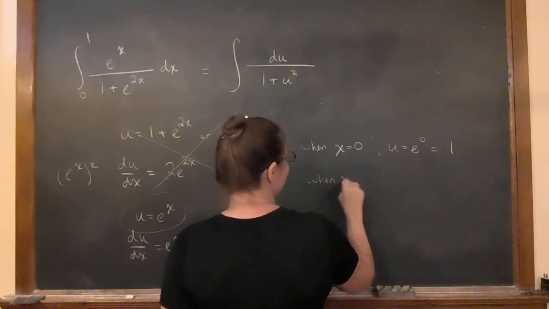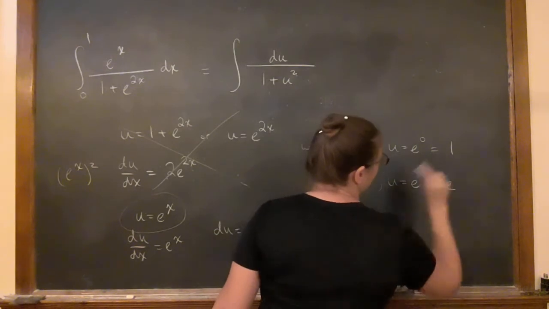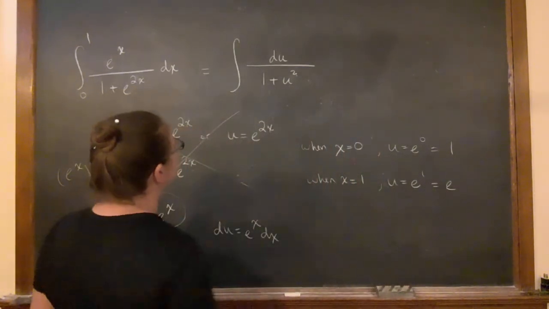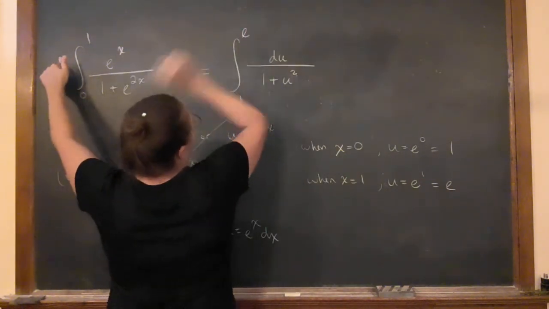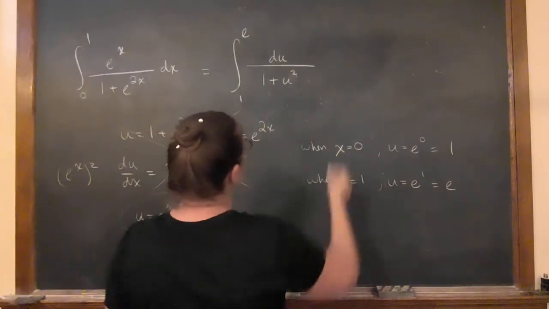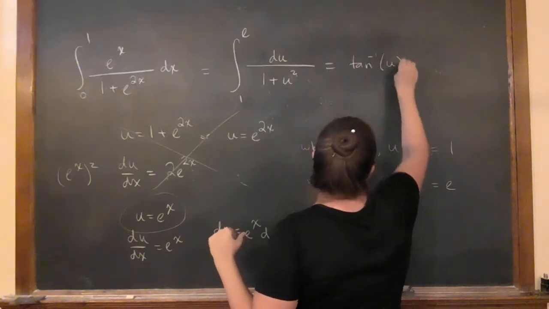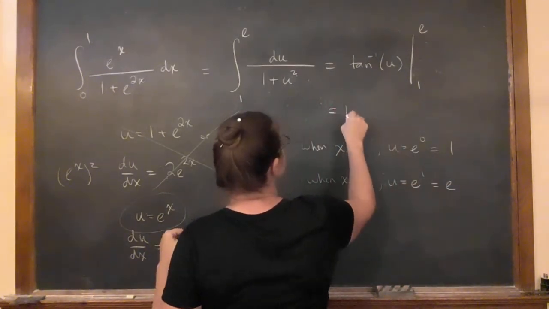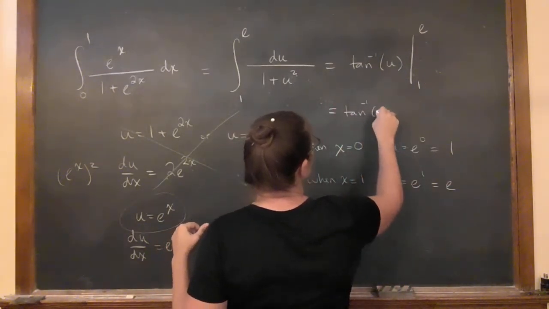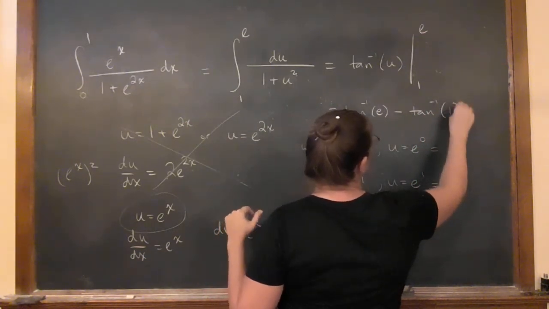And when x equals 1, u equals e to the 1, which is just e. Okay, so my bottom limit becomes 1 and my top one becomes e. Then I just get inverse tan of u evaluated from 1 to e, which is inverse tan of e minus inverse tan of 1.